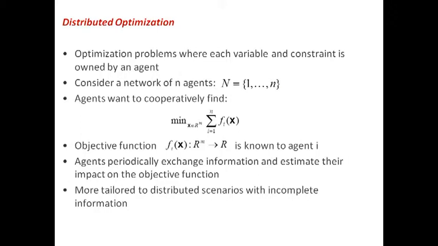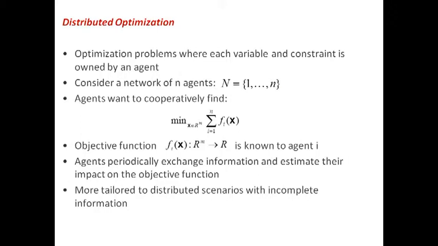So distributed optimization is one optimization problem where each variable and constraint is owned by a different agent within the network. So if we imagine n agents that want to cooperatively find a vector x, so that's an m-dimensional vector that minimizes the sum of these functions f sub i of x, where each of these f sub i's is known only to one of the agents in the network.